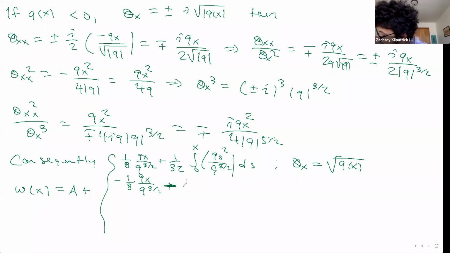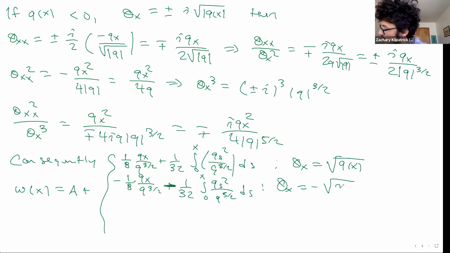Okay, minus 1 over 32 integral from 0 to x q_s squared over q to the 5 halves ds. This would be if you take theta x equals minus square root of q of x. Okay, so those are the real part cases.